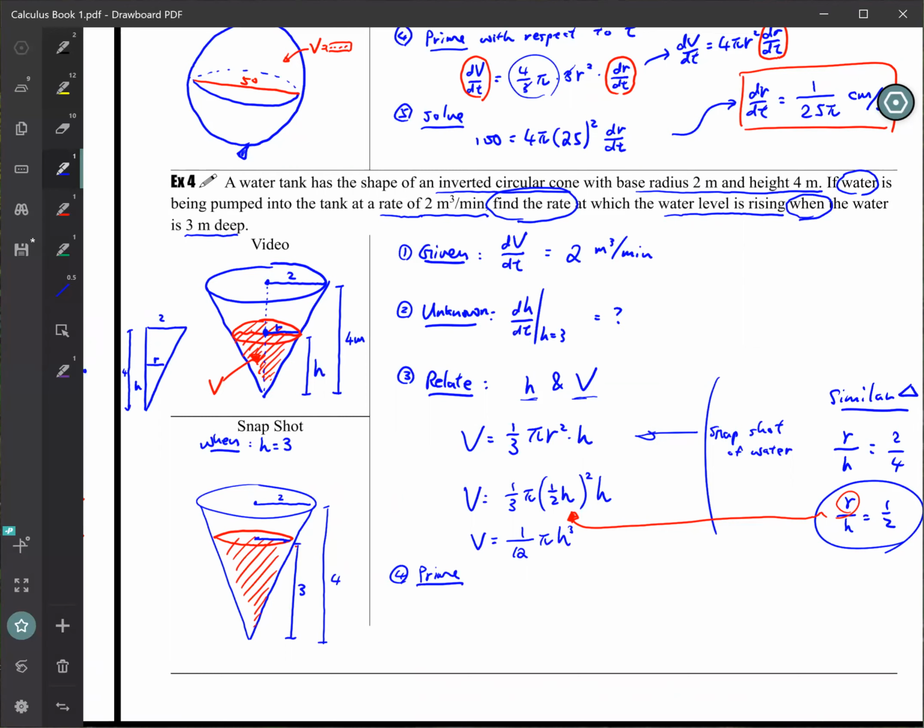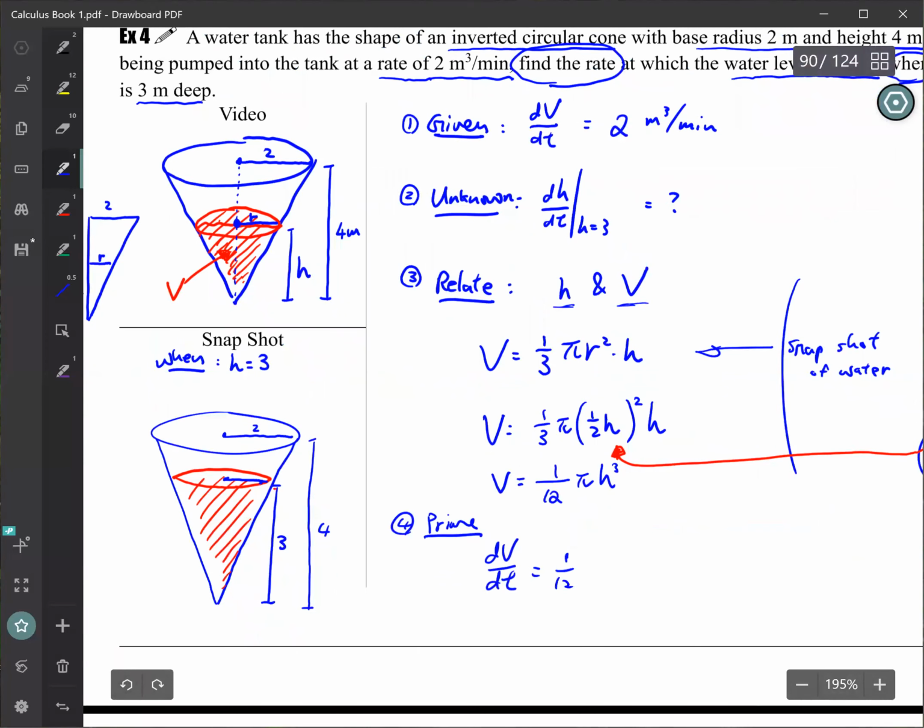Okay, Carrie, can I get your answers? dV over dt equals 1/12 pi times 3h squared times dh over dt. Yeah, very good. H is a function of time, and that is inside the cube, so you will need to use chain rule. But V is by itself, so it just becomes dV/dt.